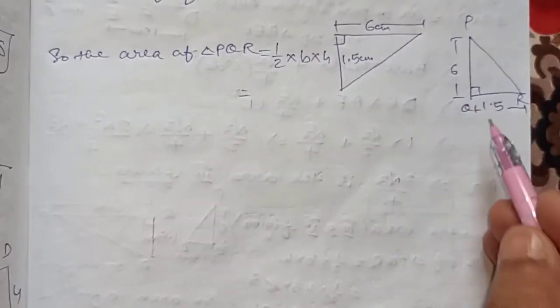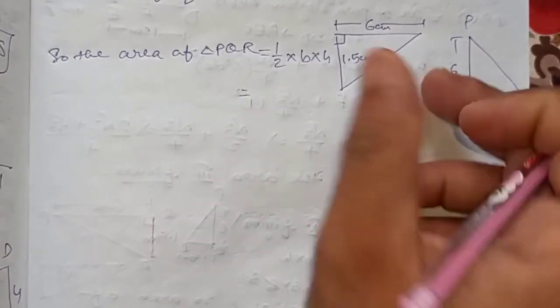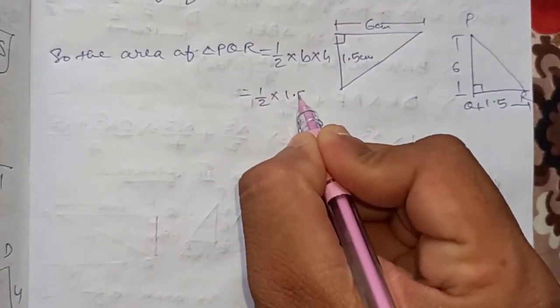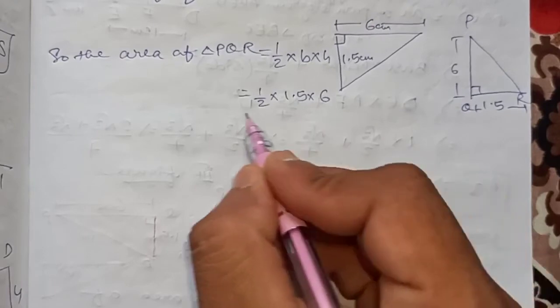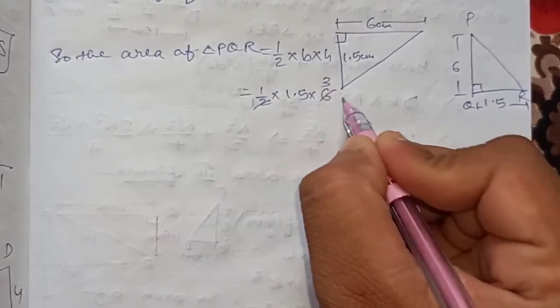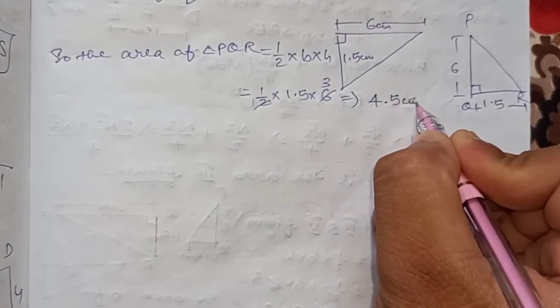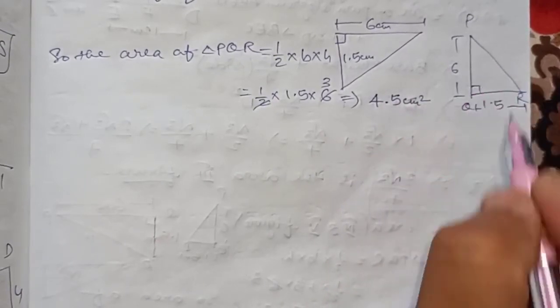Half into base 1.5 into height 6 centimeter. When we cancel these two, we will get 3. So 15 3s are 45, that means 4.5 centimeter square is the area of the fourth figure.